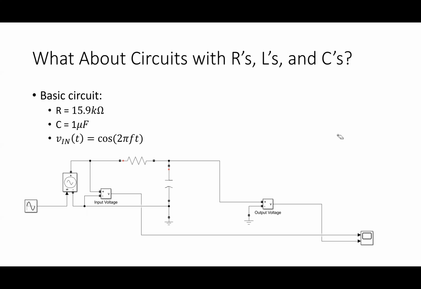What are the 2 parts in general to any differential equation? Homogeneous and particular, right? The particular is what I call the steady state, and the homogeneous is what I call the transient response. So there's going to be a transient response and there's going to be a steady state response.